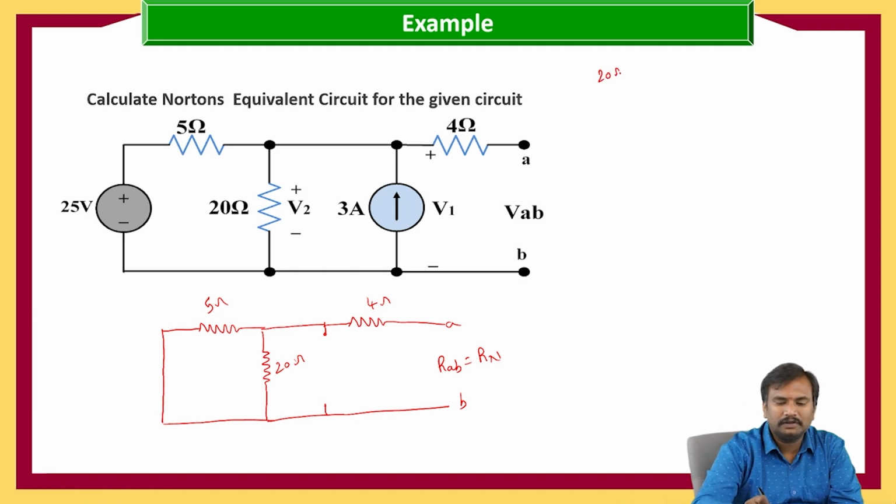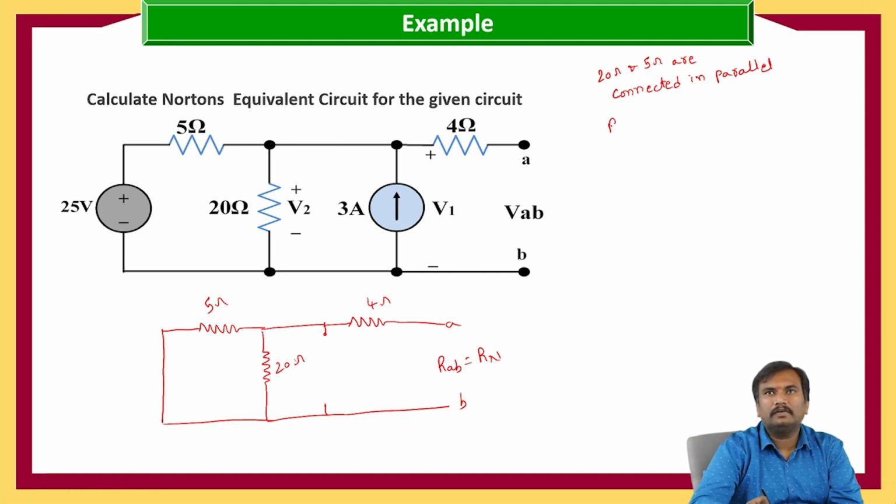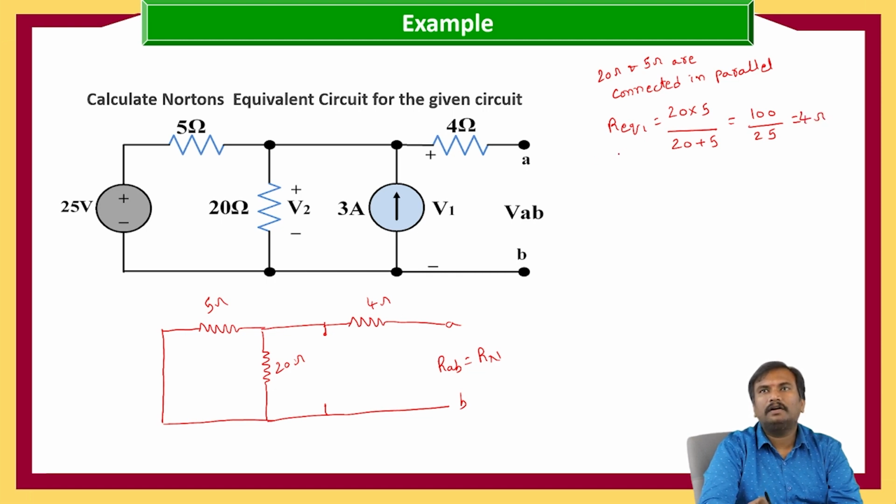When these two resistors are connected in parallel, R equivalent 1 is equal to 20 into 5 by 20 plus 5, which is equal to 100 by 25, which is equal to 4 ohms. Now we got R equivalent 1 as 4 ohms.